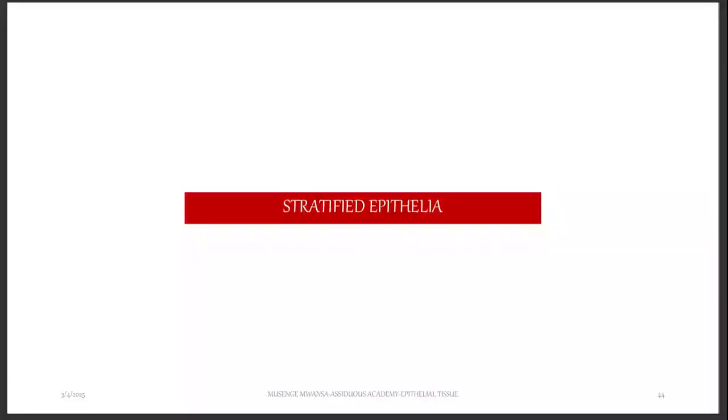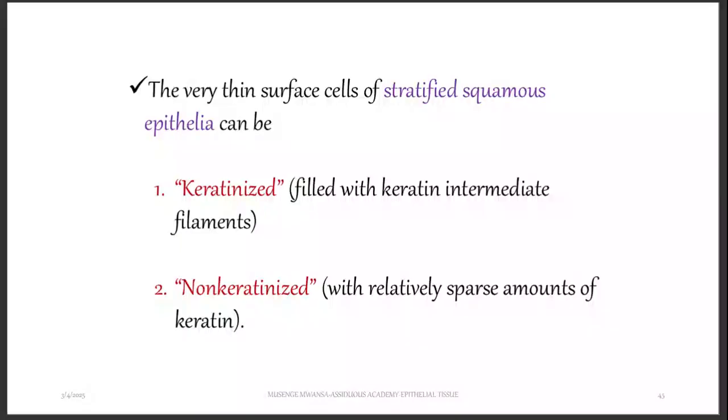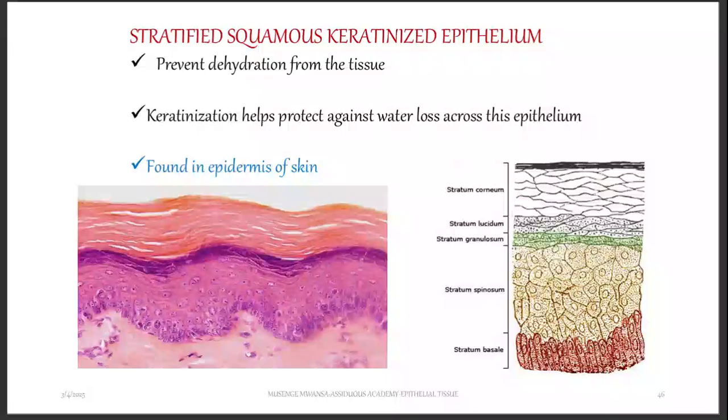When you go to the epithelium that has layers, starting with the stratified epithelium, stratified squamous, a lot of layers which are flat. Now for stratified squamous, they can either have keratin or not have keratin, so that's keratinized and non-keratinized. If you have keratin, just know that that epithelium is found in a dry region, but without keratin it is in a soft region, the one that has water.